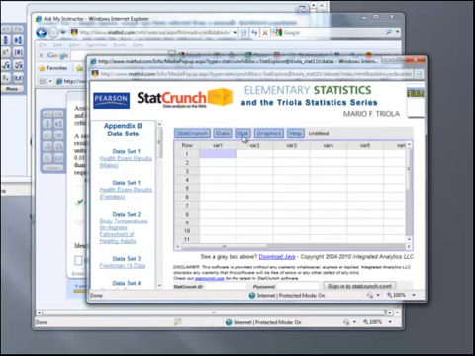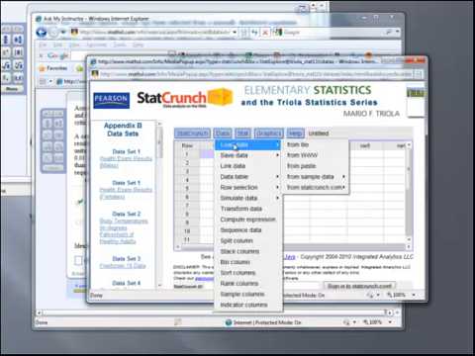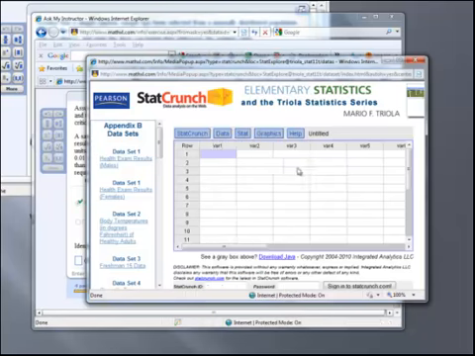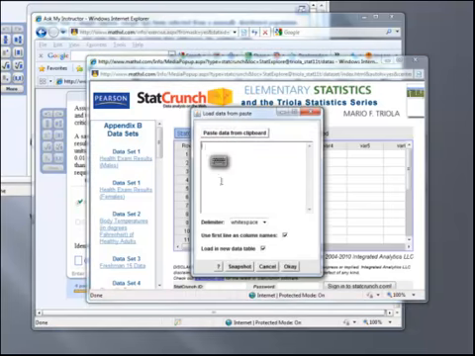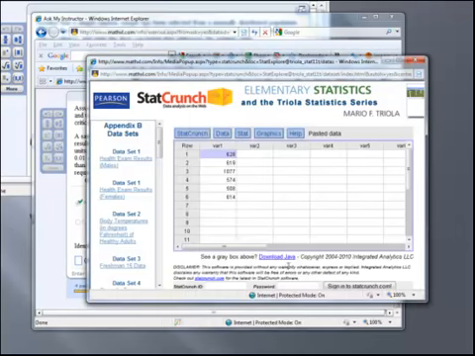So we'll click StatCrunch, Data, Load Data, from Paste, then paste the values into the box, leave the delimiter as white space. We do not have a first line that has the column names, so we uncheck that, and then hit OK.